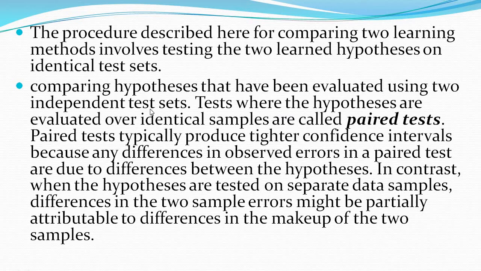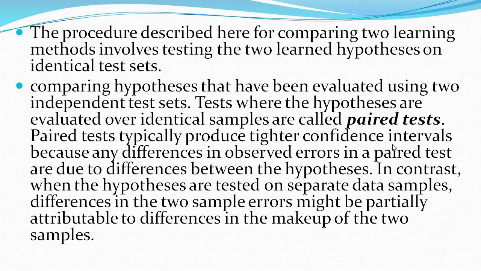Tests where the hypotheses are evaluated over identical samples are called paired tests. So what does a paired test mean? It takes two different test sets which relate to the particular sample only, and the particular hypothesis at a time. That we call paired tests.